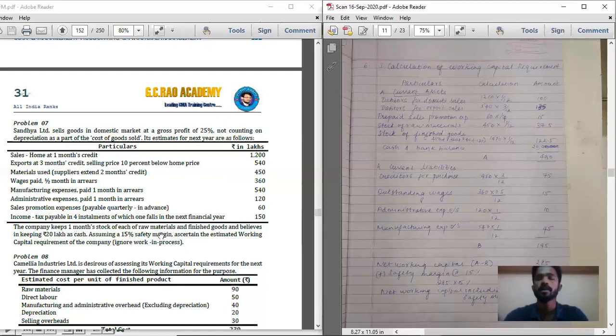So both raw material and finished goods, 1 month of stock should be kept in the closing stock. So here total material use is 450. In the calculation column, 450 into 1 divided by 12, that is 37.5.